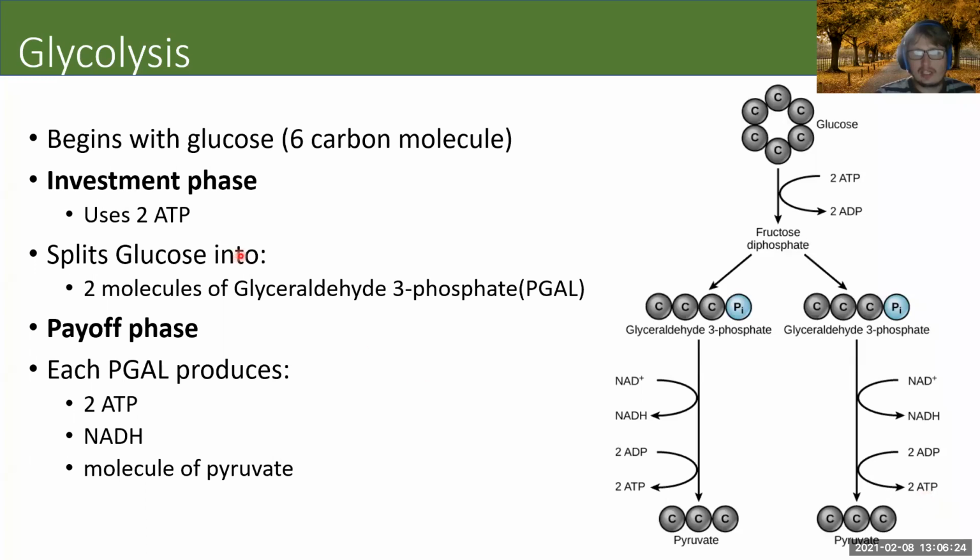So the net result of glycolysis is that each of these molecules generates 2 ATP and an NADH. Okay, let me get my little pointer.